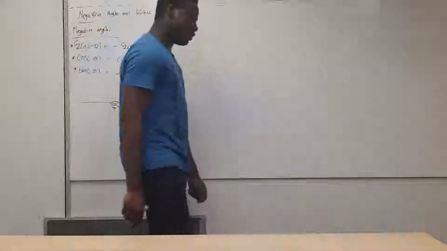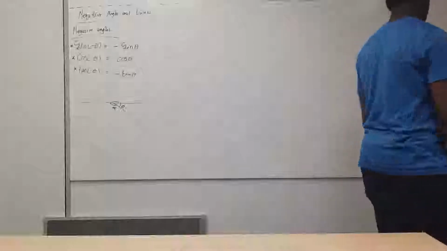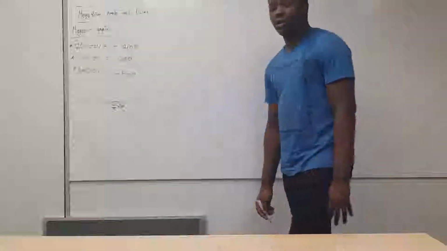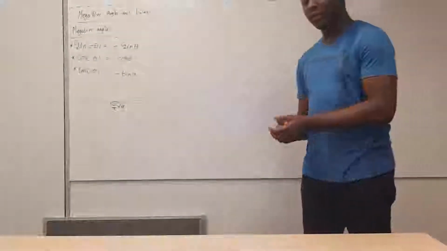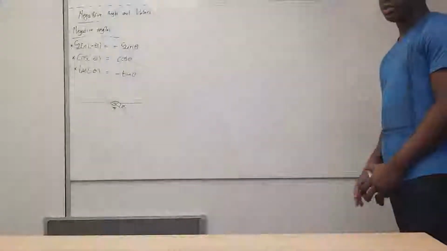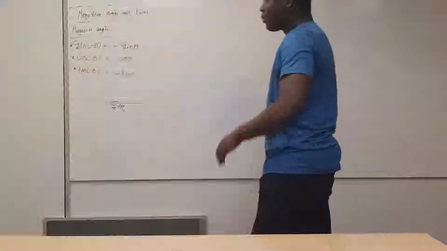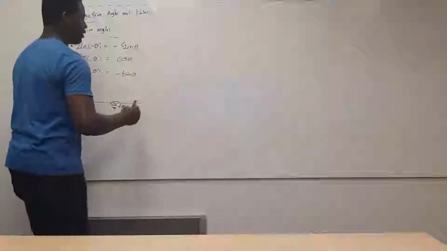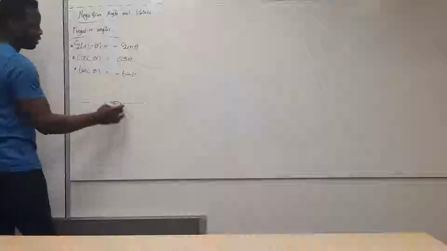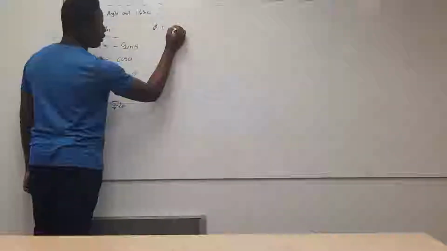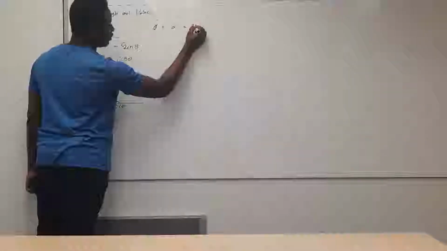But then we know something: the angle at a reflex point, on plane geometry and circle geometry, is equal to 360 degrees. So this whole thing makes up the reflex angle. So phi plus alpha is equal to 360 degrees.